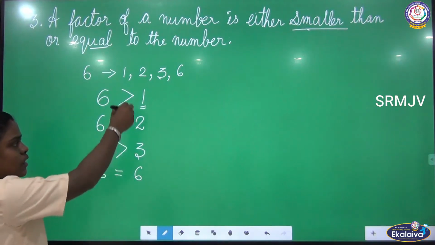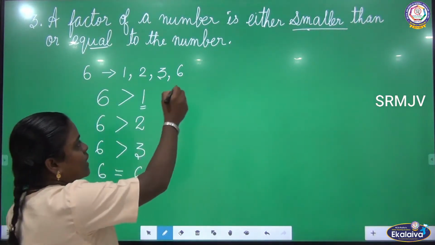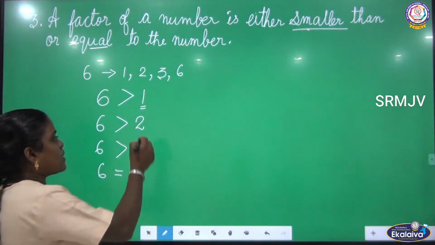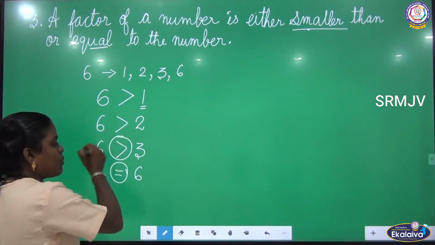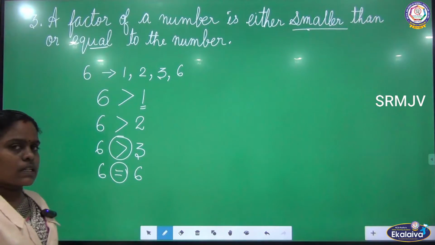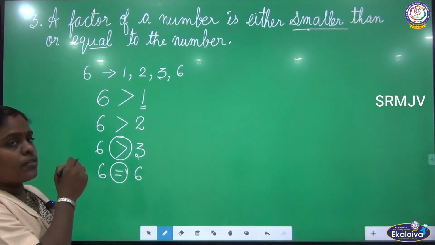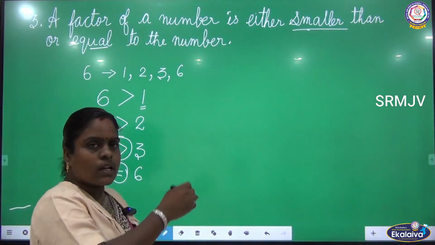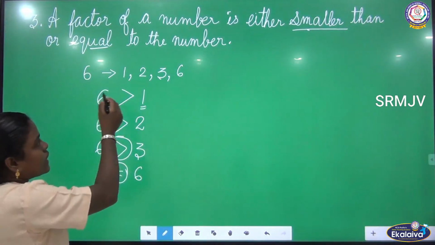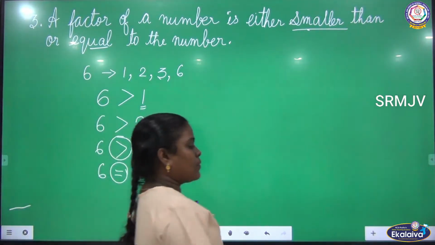So from this you can know that a factor of a number is either smaller than or equal to the given number. Is this clear, children? The third property is a factor of a number is either smaller than or equal to the number.